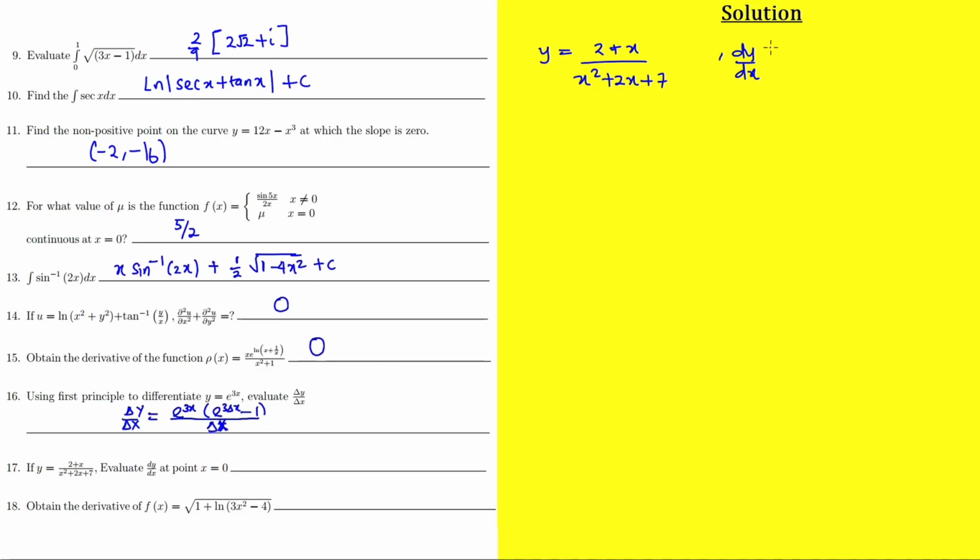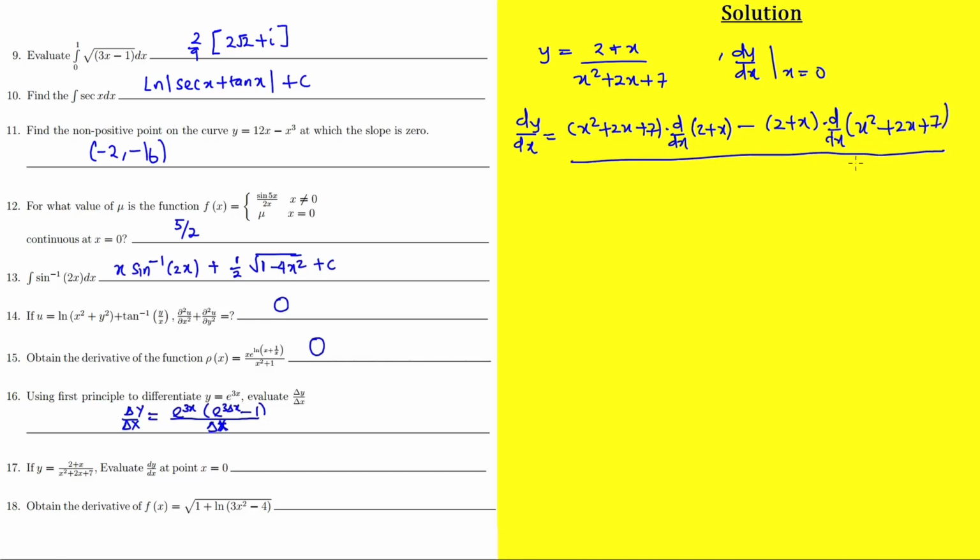To differentiate this, we apply our quotient rule: x squared plus 2x plus 7 multiplied by the derivative of 2 plus x with respect to x, minus 2 plus x multiplied by the derivative of x squared plus 2x plus 7, divided by the denominator all squared, that's x squared plus 2x plus 7 all squared.